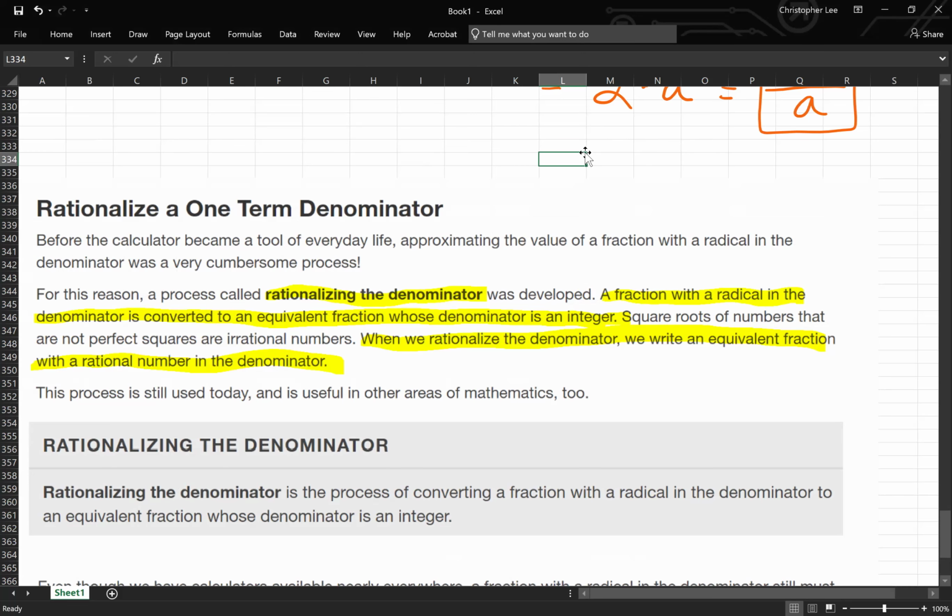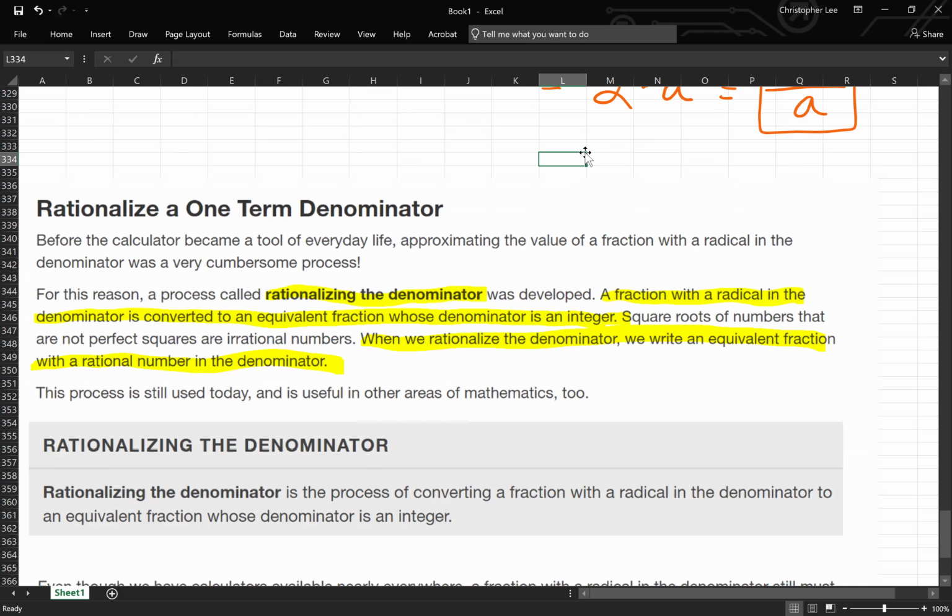A fraction with a radical in the denominator is converted to an equivalent fraction whose denominator is an integer. So square roots of numbers that are not perfect squares are irrational numbers, right? When we rationalize the denominator, we write an equivalent fraction with the rational number in the denominator.